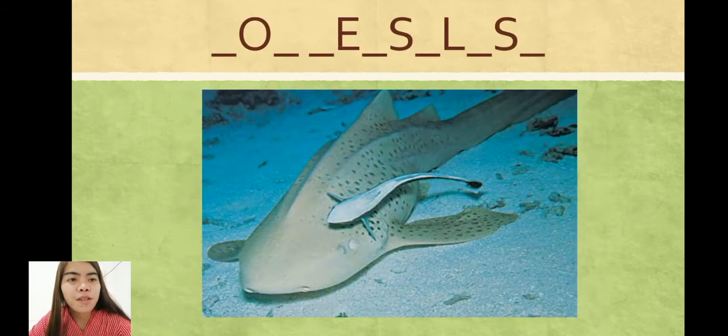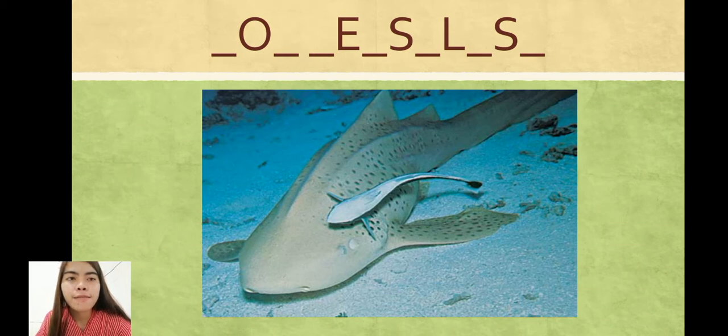Next picture. A shark and a remora fish. What do you think is the word that describes the picture? Okay, 5, 4, 3, 2, 1. Do not worry, we will reveal the answers along the lecture.